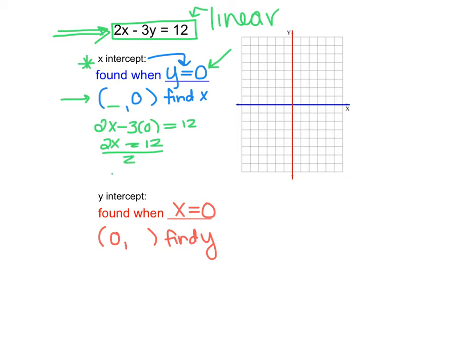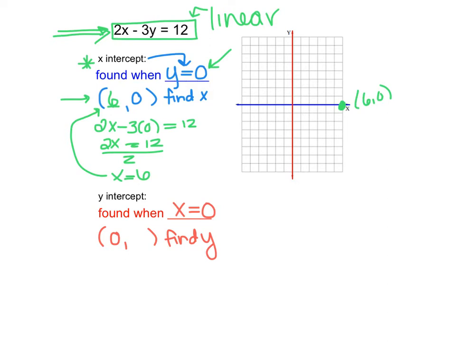Divide both sides by 2, and I find that x is equal to 6. So what this tells me is that when y is 0, x is 6. So my x-intercept point is occurring at the point x is 6, y is 0. So that is my x-intercept point for this particular linear equation.